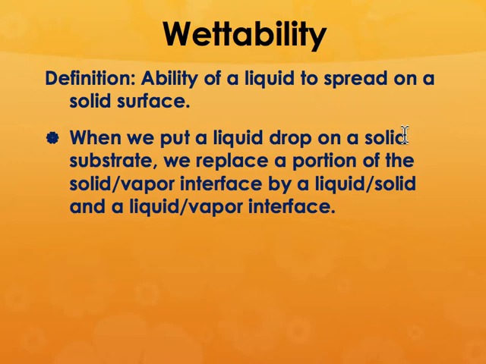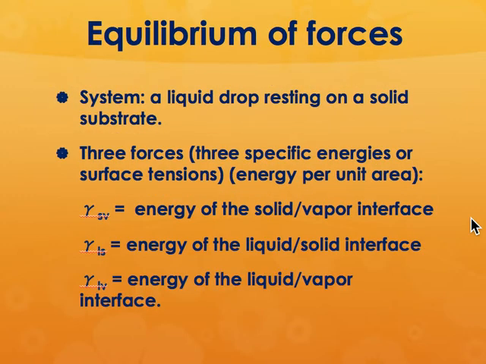So when you put a liquid drop on a solid substrate, we replace a portion of that interface by a liquid-solid and a liquid-vapor interface, because that's going to control the final properties of your composite and how well the matrix will wet the fibers.